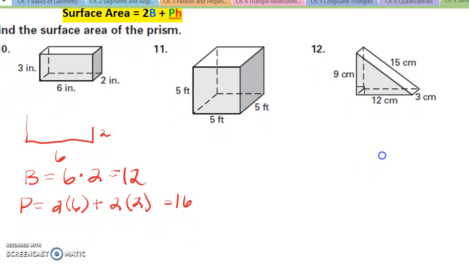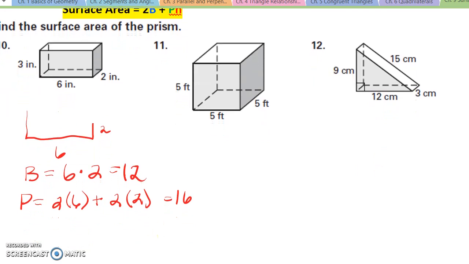All right, so now we're ready to find our surface area. Surface area equals 2 times the area of the base plus the perimeter times the height.